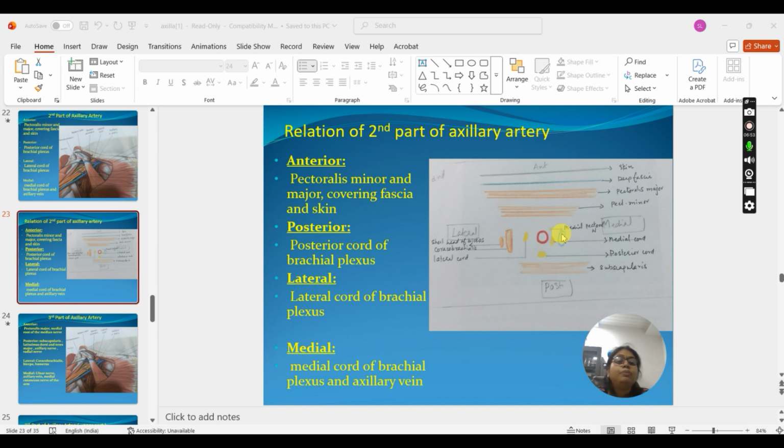Medially you have the axillary vein. Medial to that you have the medial cord of the brachial plexus and the medial pectoral nerve coming out of the medial cord. Laterally, lateral cord of the brachial plexus and the short head of the biceps and coracobrachialis muscle partly.